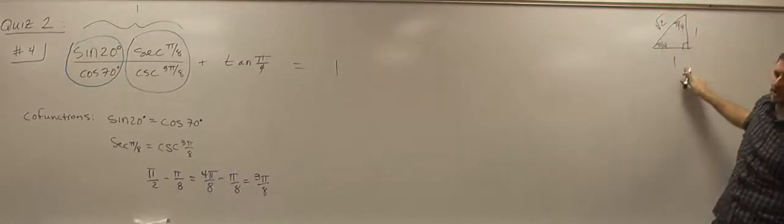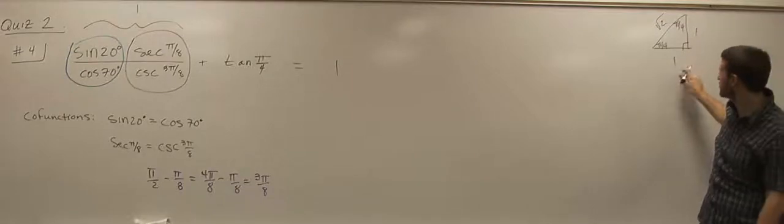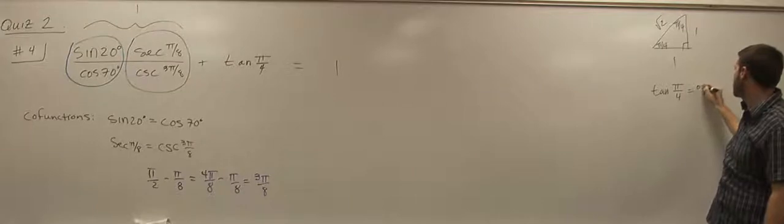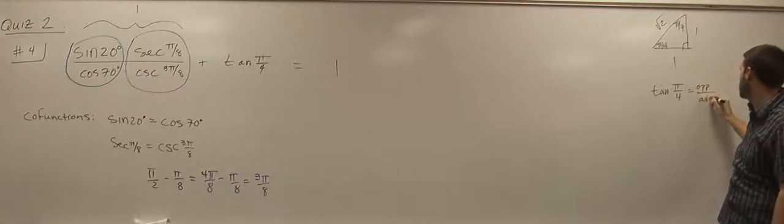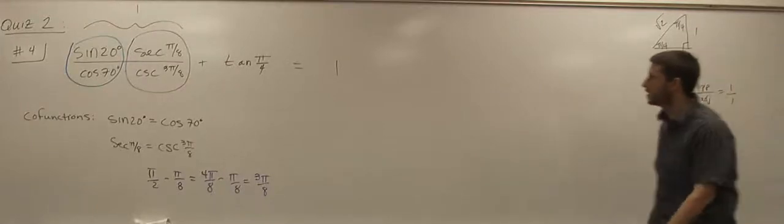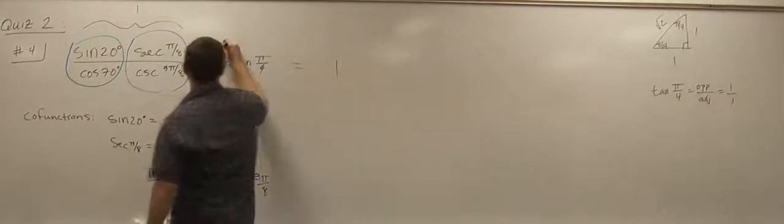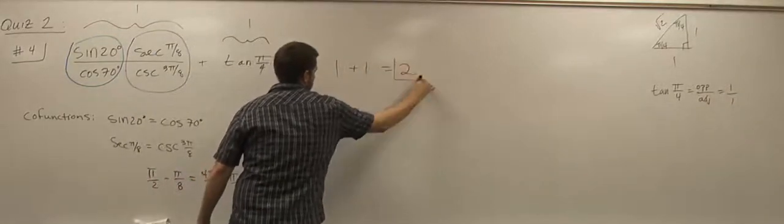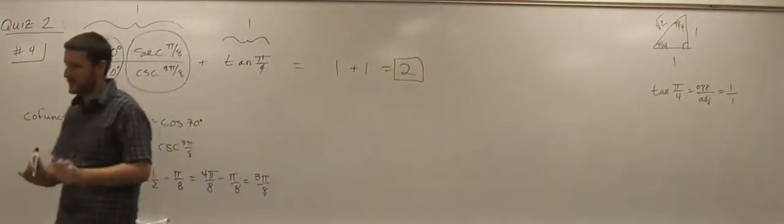Tangent is opposite over adjacent, so tangent of pi over 4 equals 1 over 1. So this part right here is also 1. So it's as easy as 1 plus 1.